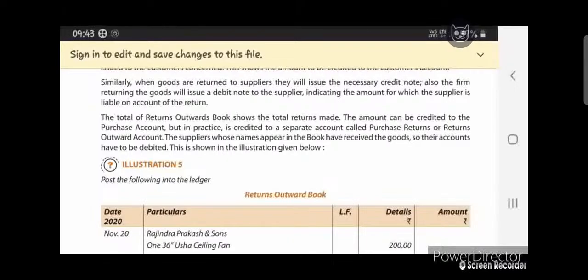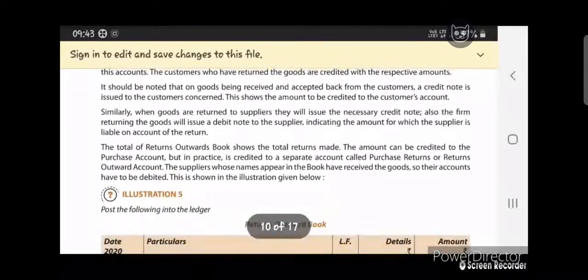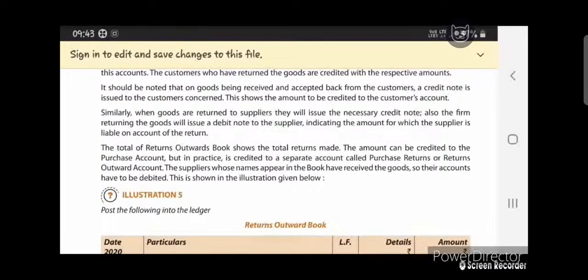Like that, when the goods are returned to the supplier, you will send a debit note to the supplier, and the supplier will issue you a credit note, indicating the amount for which the supplier is liable.